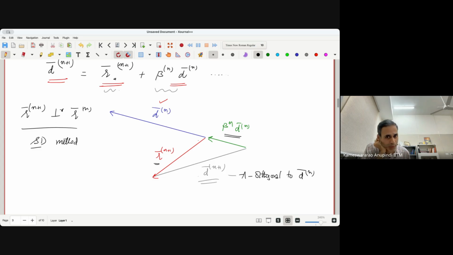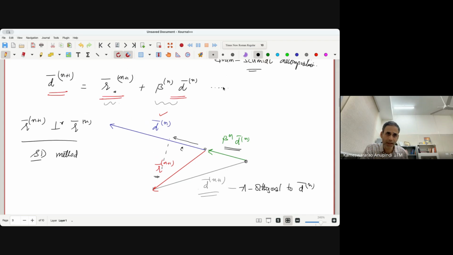Okay, here, as you can see, there is a component that is something like this. So we're trying to remove that component. Either I can actually even place this beta n d n here also. Okay, so it's going to give me something here. So we are essentially removing that component, and then you end up with this new component that is d n plus 1. Okay, so that is the idea of this Gram-Schmidt decomposition, or essentially calculating the new direction.